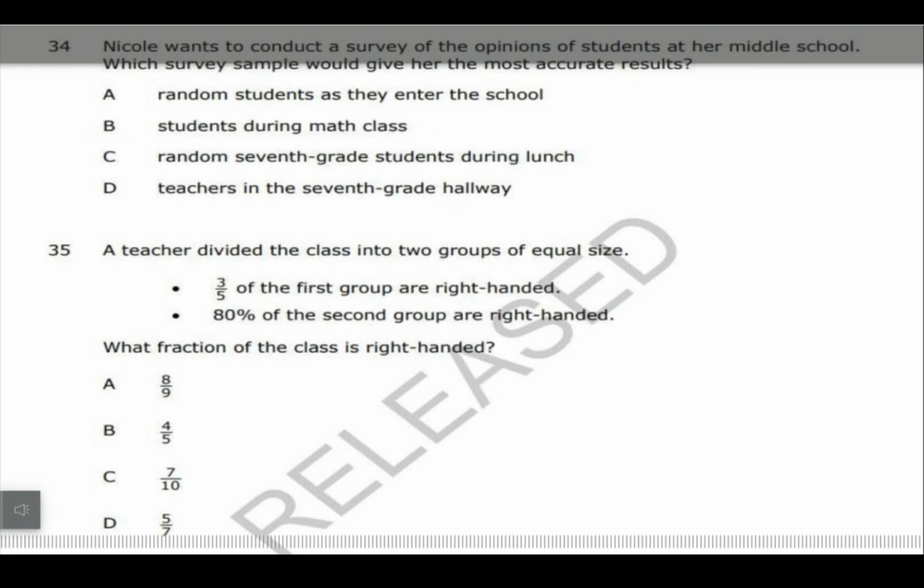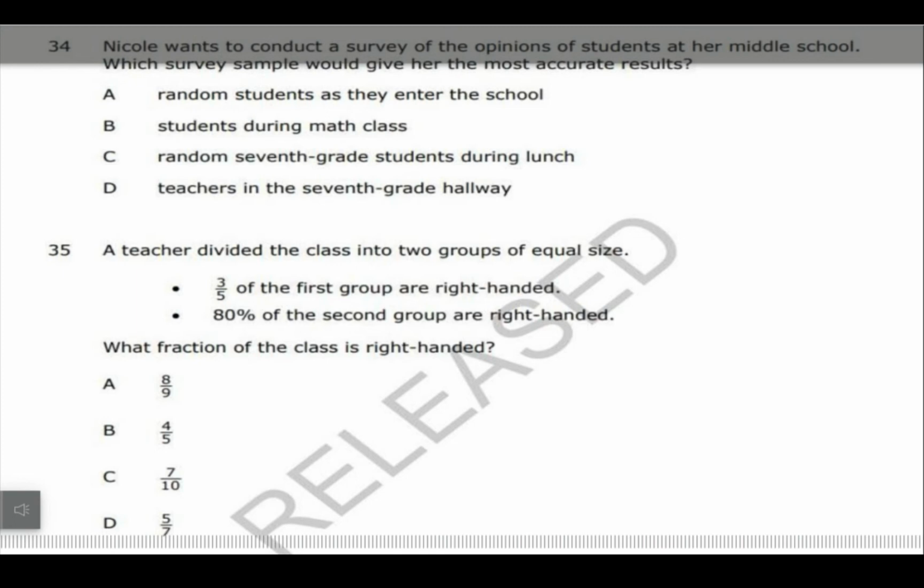35, it says teacher divided the class into 2 groups of equal sizes. 3/5 of the first group are right-handed. 80% of the second group are right-handed. Which fraction of the class is right-handed?